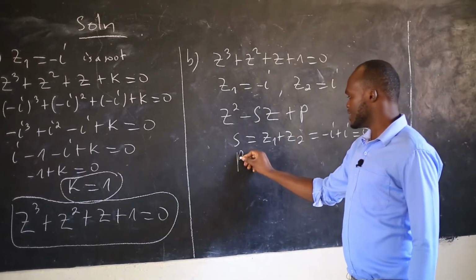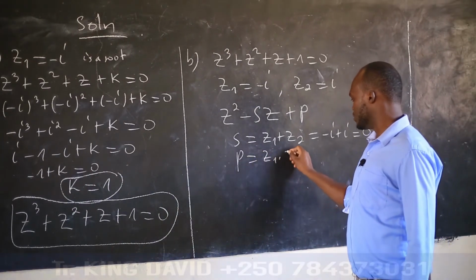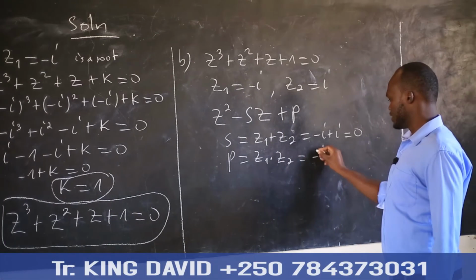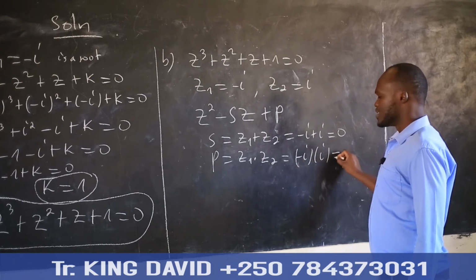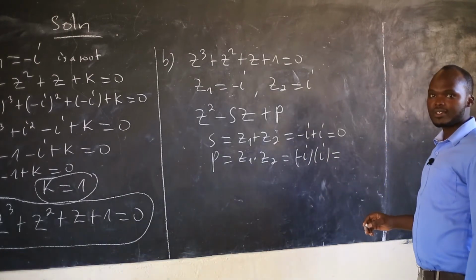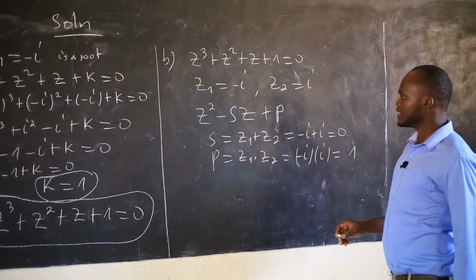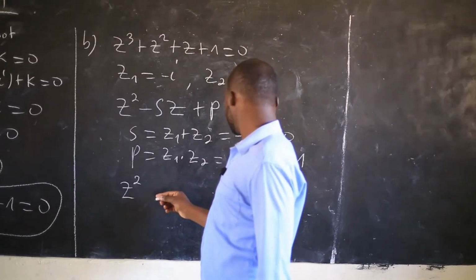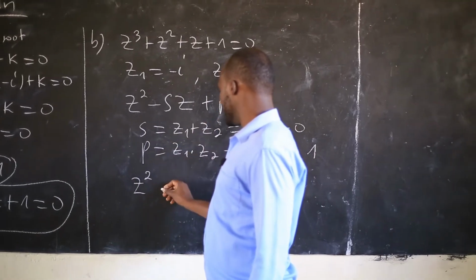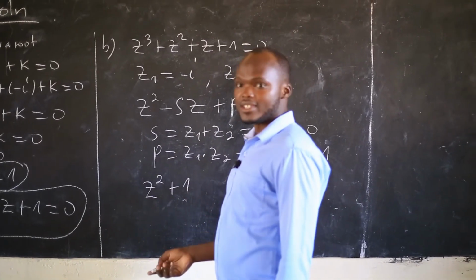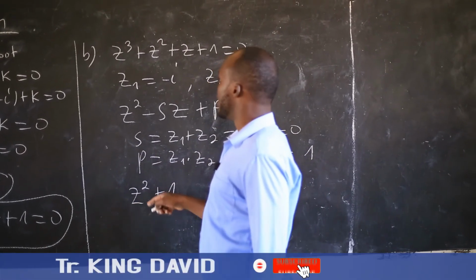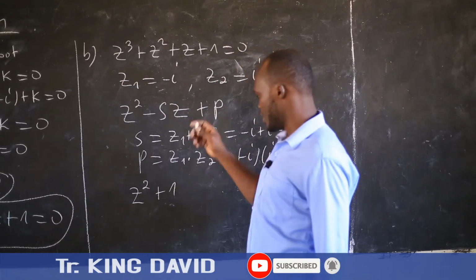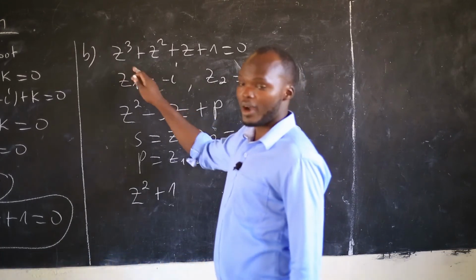Then the product is z1 times z2, which is negative i times i, which is negative i^2, that is 1. So this equation is z^2, our sum is 0, then our product is 1. So this is a quadratic equation, and we have power 3.